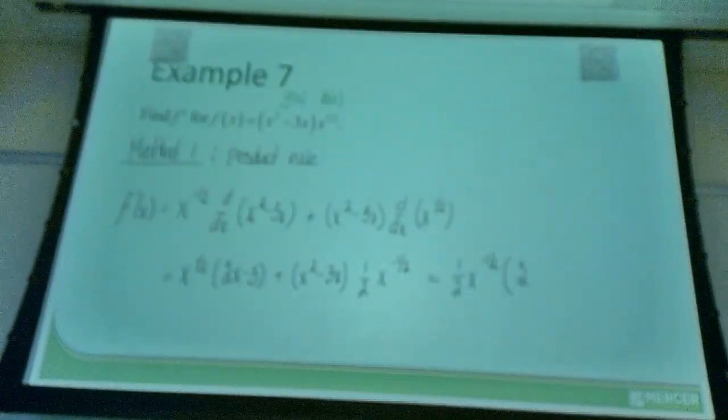When you factor x to the minus a half out of x to the half, what are you left with? X to the what? Plus 1.